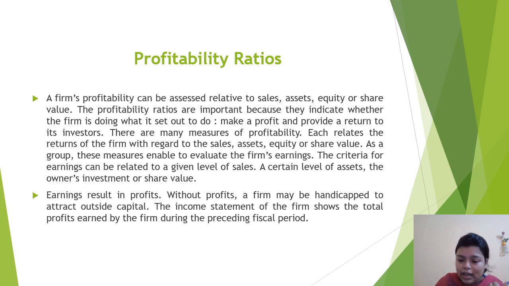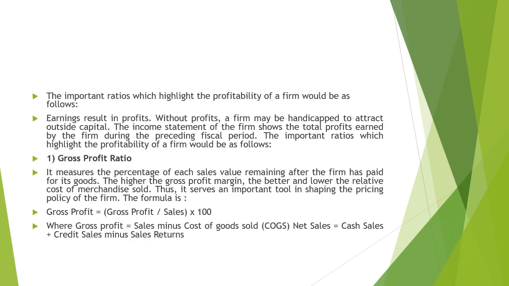So without profit, the firm is kind of handicapped. They cannot take sources of fund from outside because no one will be willing to invest in it. Now let us see the formula and what the different types of ratios under the profitability ratio are.